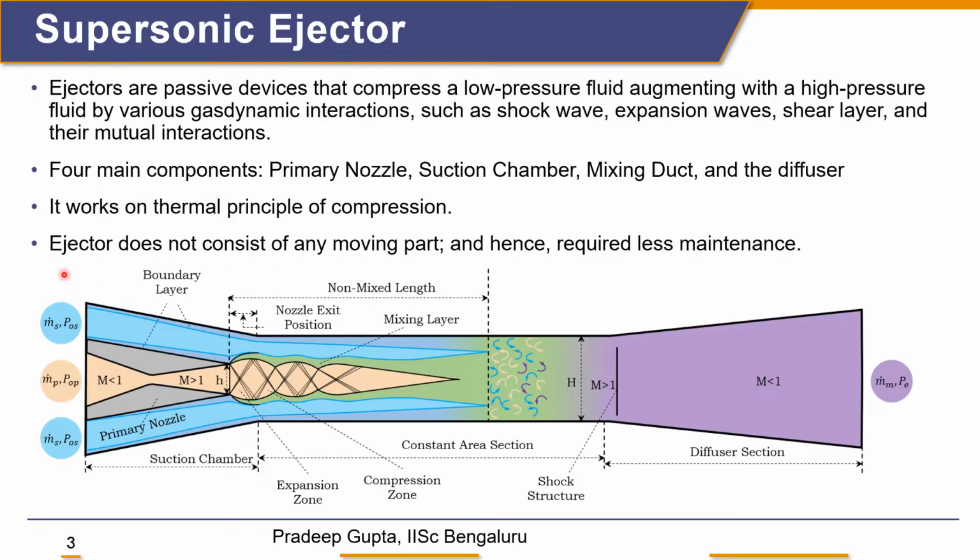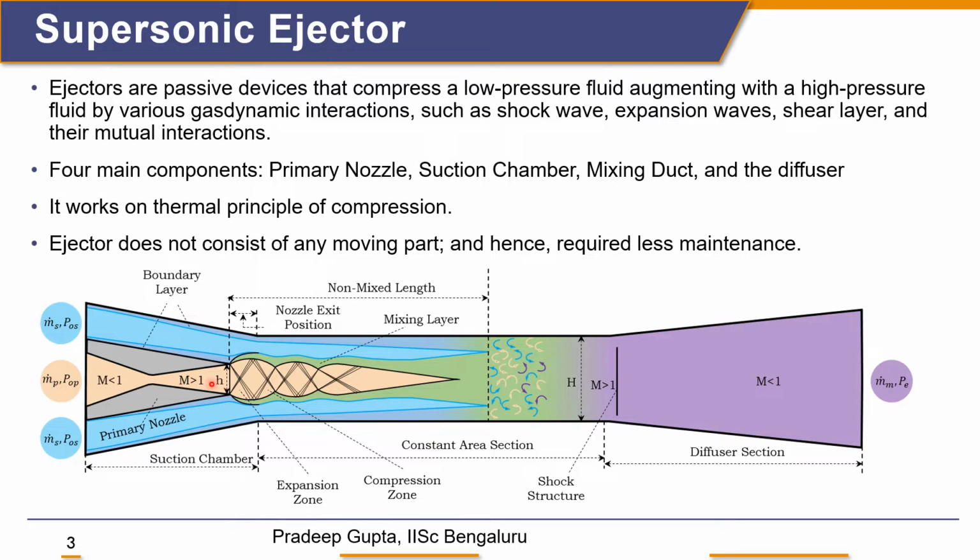So this is the schematic of a supersonic ejector. It has four main parts: the primary nozzle, a suction chamber, a constant area section, and a diffuser section. Two fluids enter the ejector: the blue color is at low pressure and is called the secondary fluid, and the yellow color is at high pressure and is called the primary fluid.